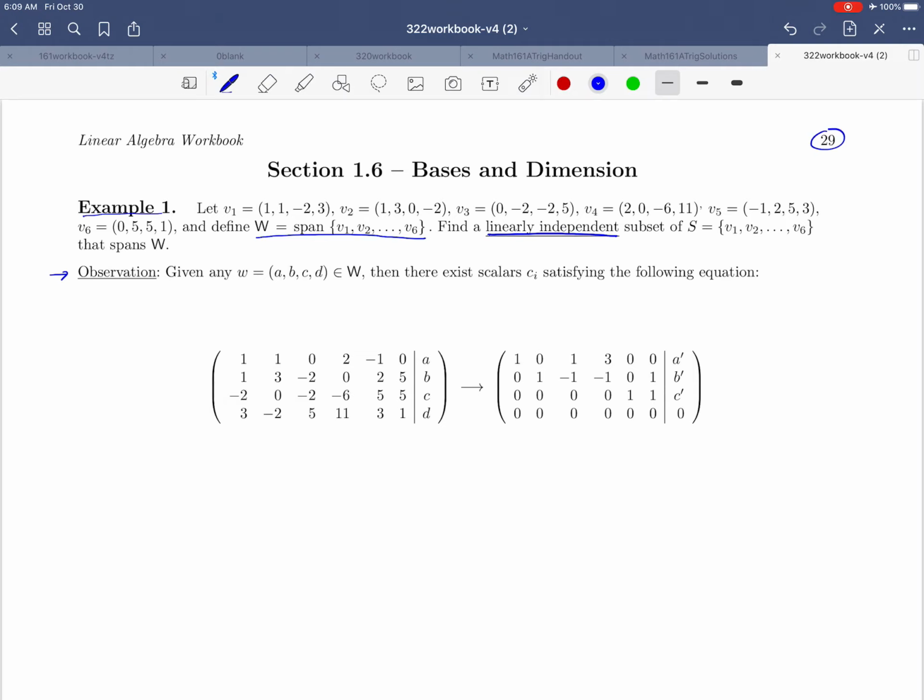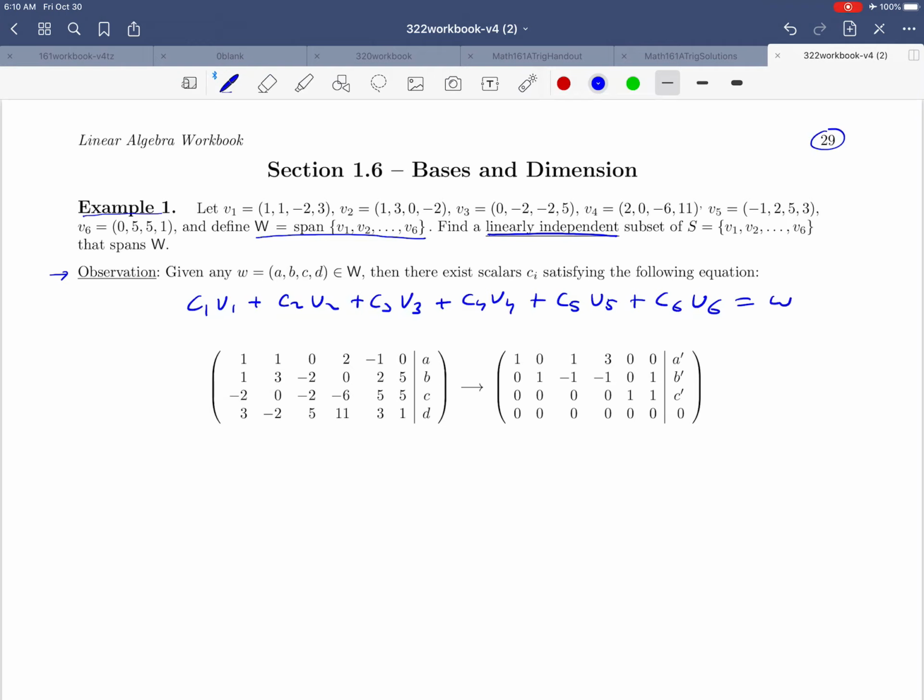So because W is the span of these 6 vectors, if we start with an arbitrary vector in W, then we know that we can build it as a linear combination of those 6 vectors. In other words, there will exist scalars such that this equation is satisfied. c1v1 + c2v2 + c3v3 and so on is equal to w.